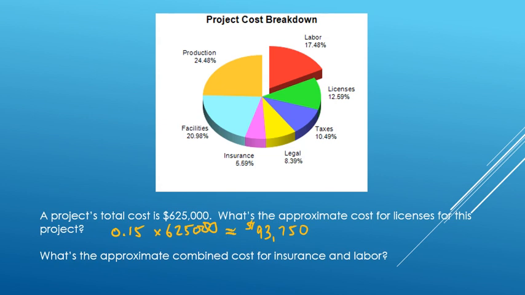and then multiply by 625,000. If I add 5.59 and 17.48, that's going to give me 23.07%.